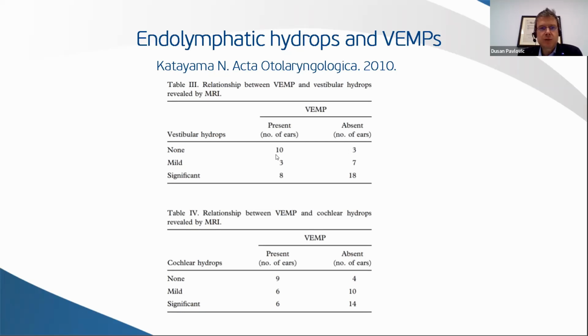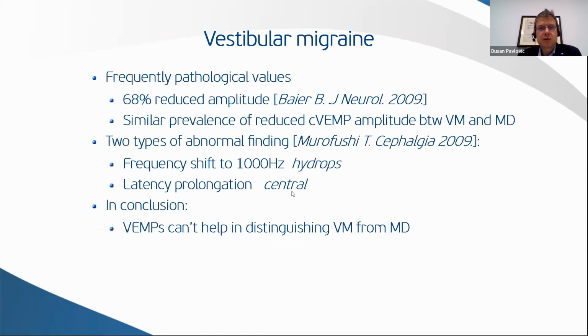In vestibular hydrops, 10 cases present a VEMP response with no hydrops, but also we got three absent responses despite no hydrops. With significant hydrops, the number of cases with absent response was much bigger, but also in some cases we could get a VEMP response.